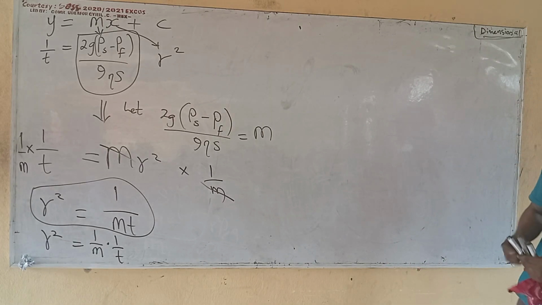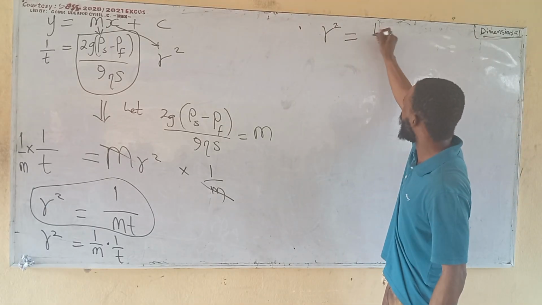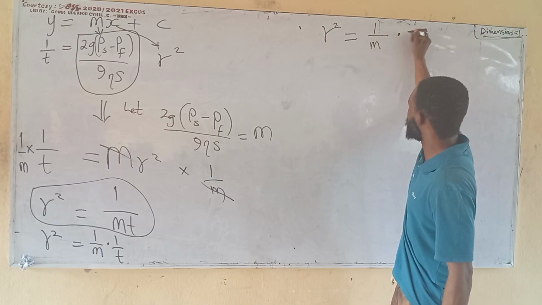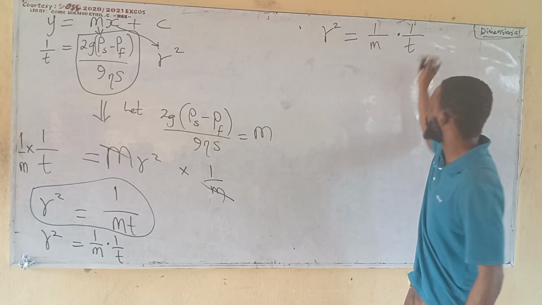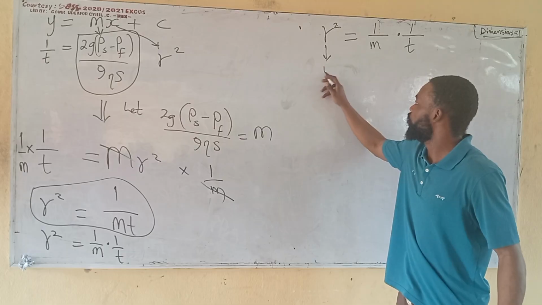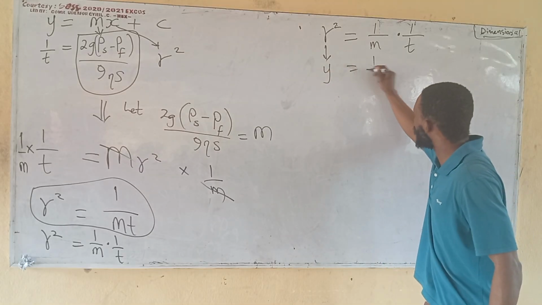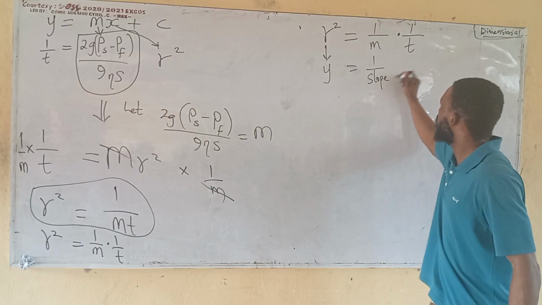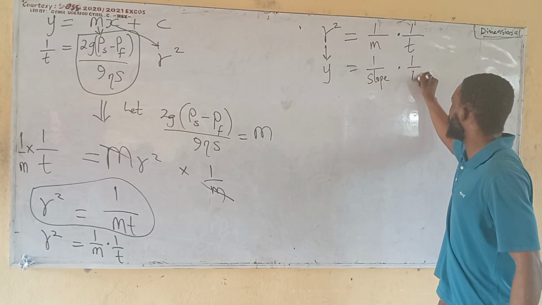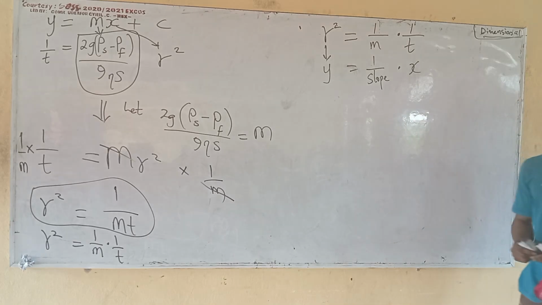So what I wrote there is simple. I said r squared equals 1 over m times 1 over t. So it simply means that if you check, this is now your y-axis, then this is 1 over your slope times 1 over t, and everything here is your x in this case.